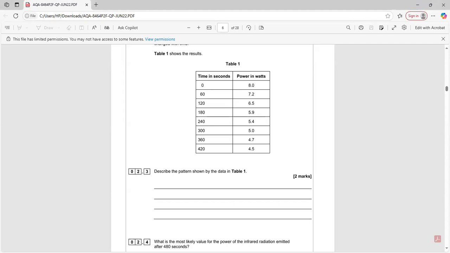Sorry, where's my calculator? 180 divided by 6.5 equals, okay.